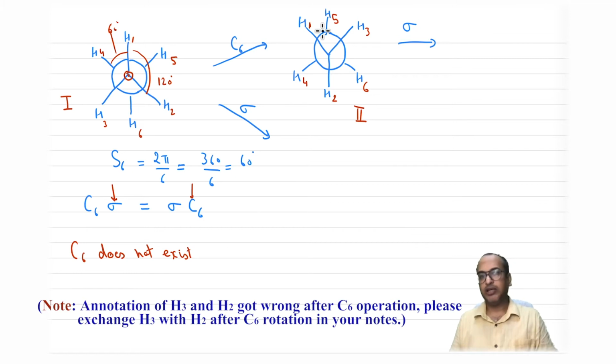So that means whatever is in the forward will go in the backward, and whatever is in the backward will come forward, right? That means this H1, H2, H3 will go to the back upon this reflection, and H4, 5, 6 will come forward.